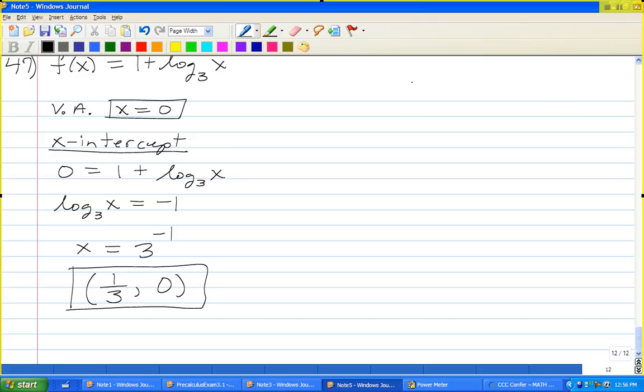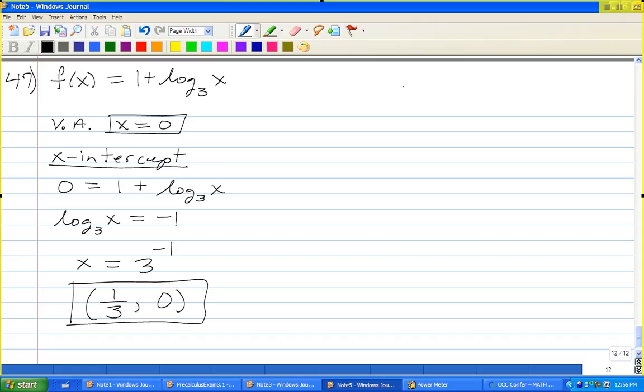So let's do this. Again, it should look the same as the previous ones. But we have translated this up by 1, which is going to look a heck of a lot different. I've just taken this and moved it up by 1.